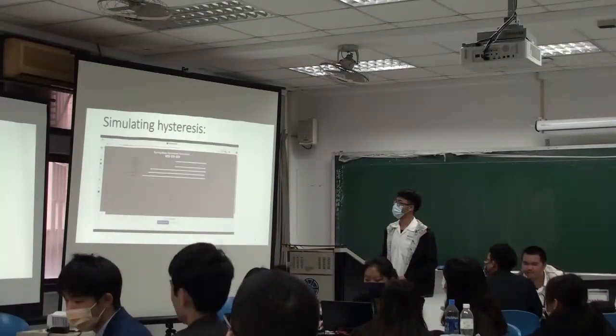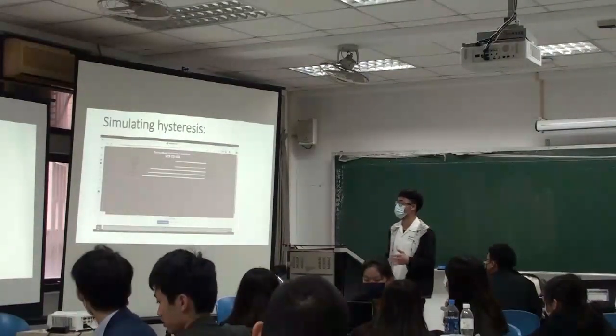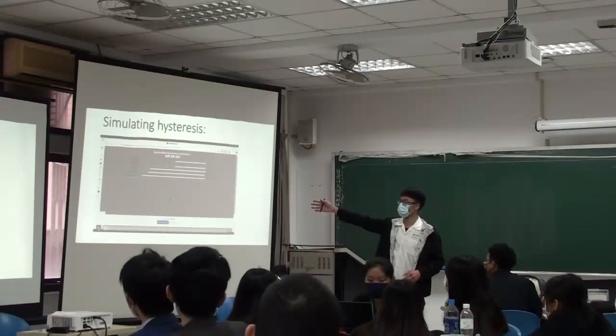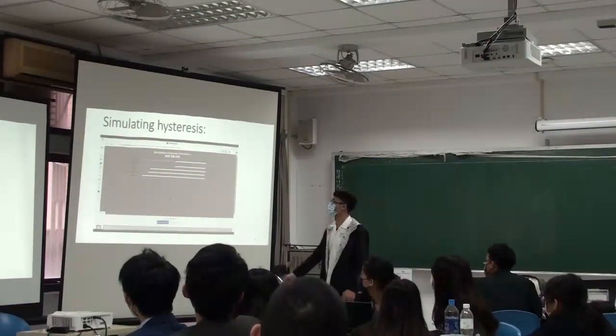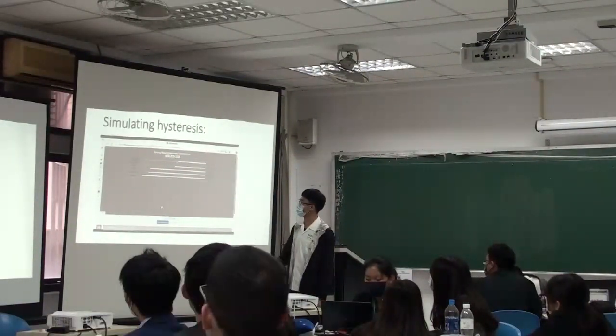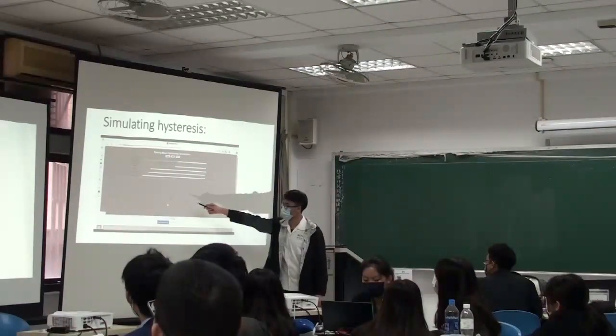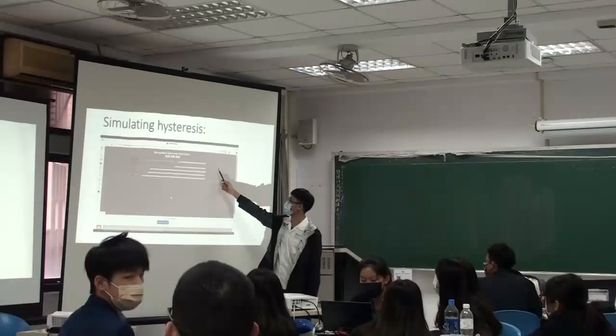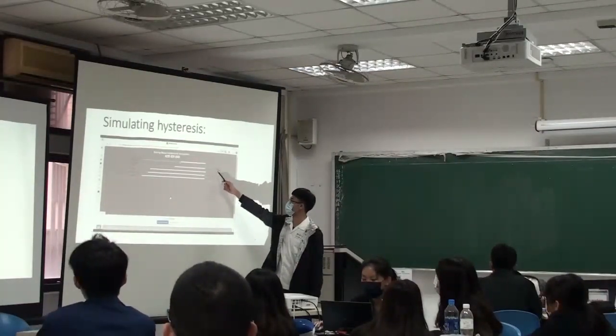We use a free mass hysteresis simulation to simulate hysteresis. You can see this video. When the adjustable force is here and we pull the ball upward, you can see the data has changed.